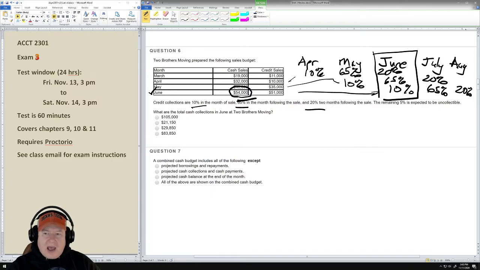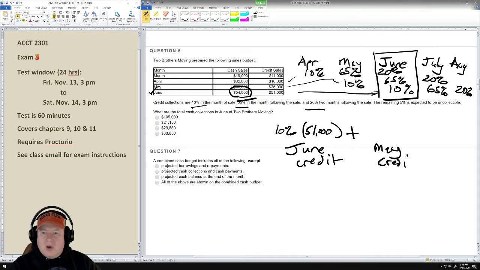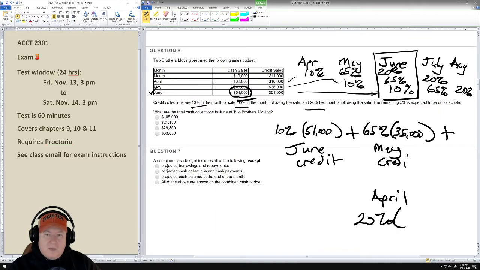So it's going to be 54,000 plus 10% times 51,000, because that's June credit. And then in June, we're going to collect part of May's credit. Well, what part? It's going to be 65% of the 35,000. And then we're going to collect some of April's credit, and that's going to be 20% of 10,000.